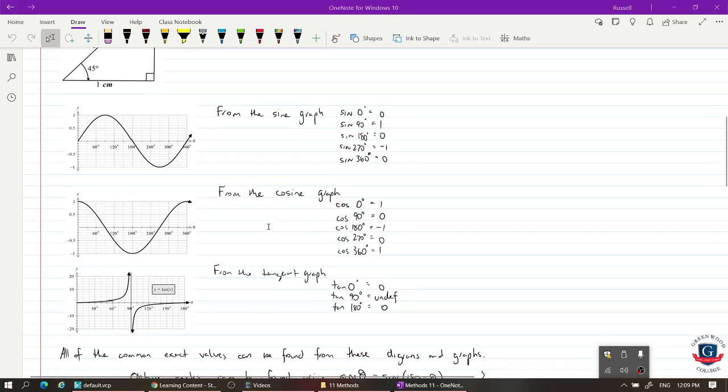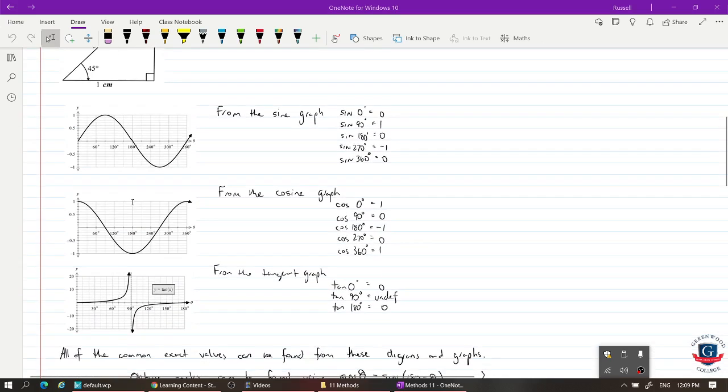We can also work them out for 0, 180, and 360 using the curves themselves. There's a neat way of doing it in the Sadler book using triangles, but I find the curves is usually a bit easier once you know them off by heart, and you should. So here's a sine curve from 0 to 360. We know that sine 0, sine 180, and sine 360 are all 0. We know that sine of 90 is 1 and sine of 270 is negative 1.